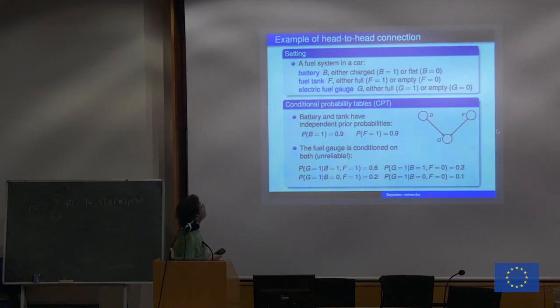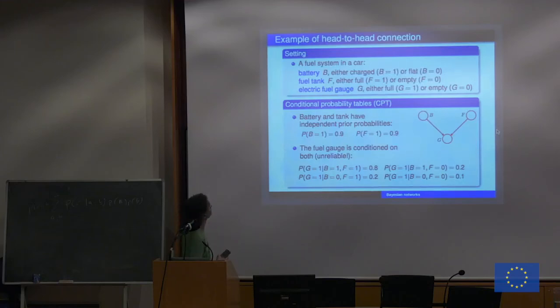Now, an example of this head-to-head connection, because it's maybe the most unnatural, and it also allows me to show you an example on a full-fledged network. Very similar to the other one.